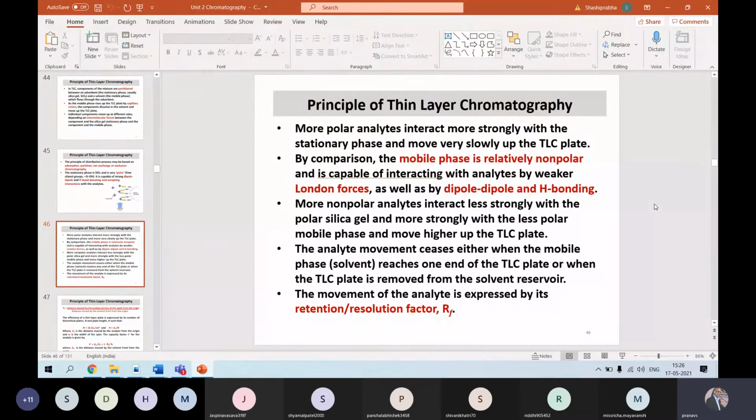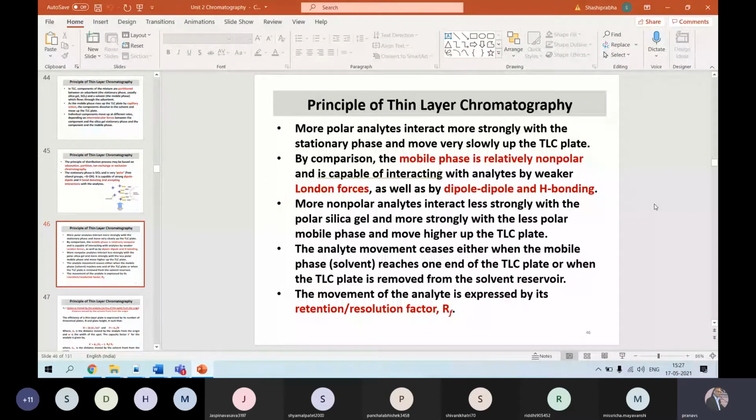Now, these things are important. More polar analytes interact more strongly with the stationary phase. If you have polar analytes, obviously they will have more interaction with the stationary phase, polar interactions, and therefore they will move very slowly when they move up the TLC plate.